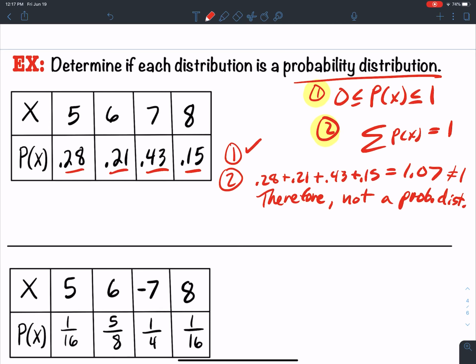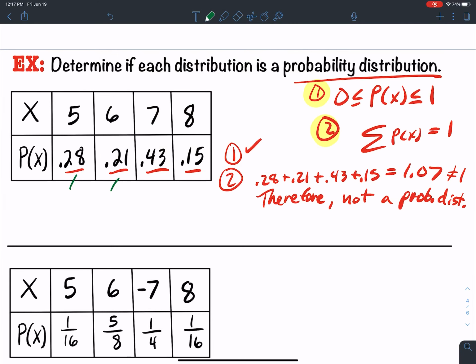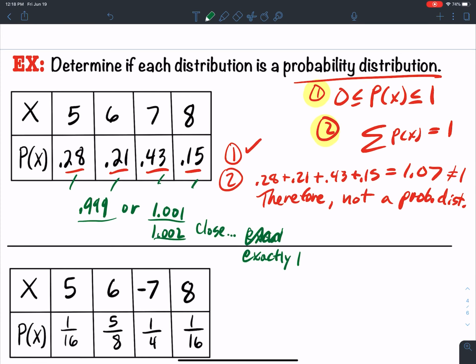Now, sometimes guys, when you add these numbers up, it's going to get you like 0.999 or like 1.001 or 1.002, something like that. When it's close like this, the reason that you didn't get exactly 1 is because of a rounding error.